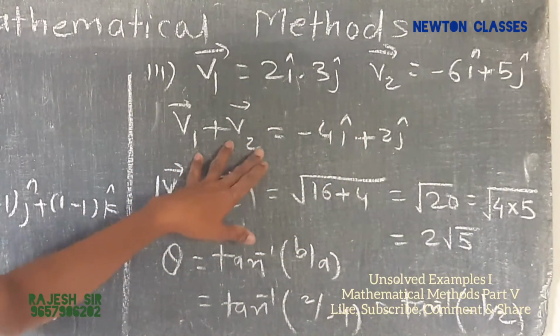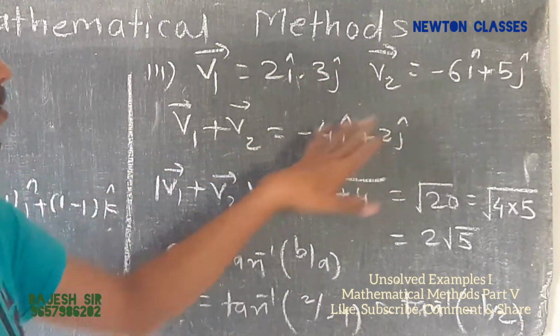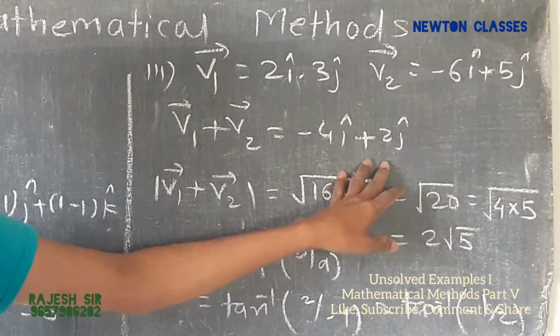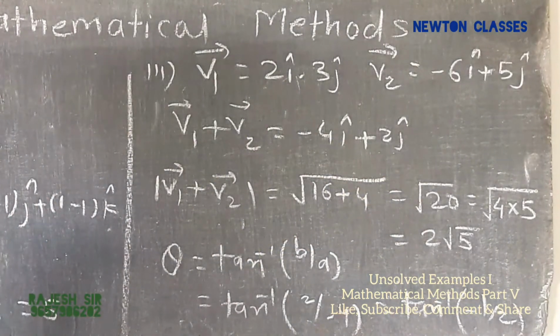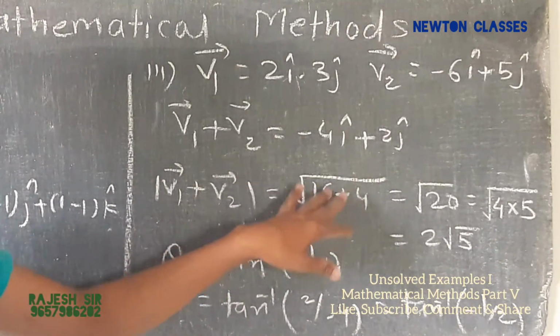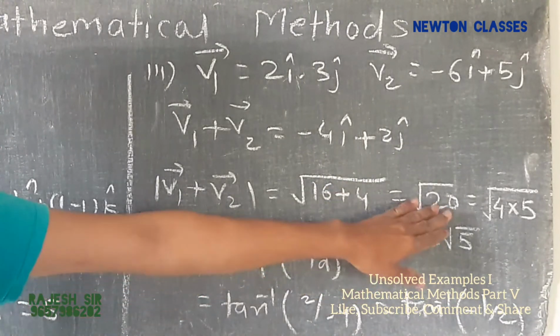First we obtain the addition: 2 minus 6 is equal to minus 4, and minus 3 plus 5 is 2. v1 bar plus v2 bar is equal to minus 4 i cap plus 2 j cap. Now the magnitude of this vector is under root of minus 4 square, that is 16, plus 2 square, that is 4, equal to under root of 20.